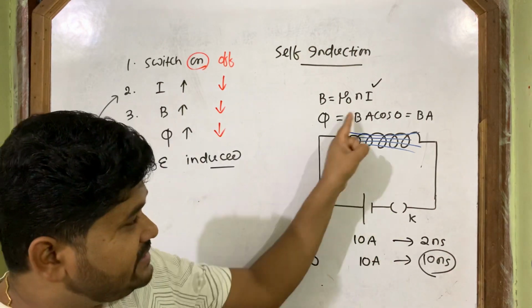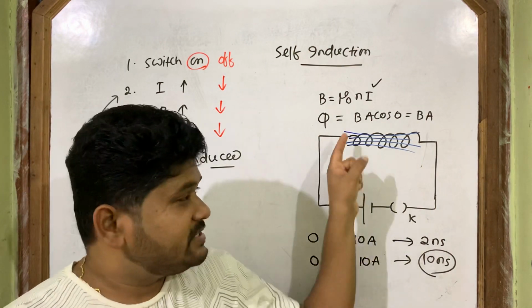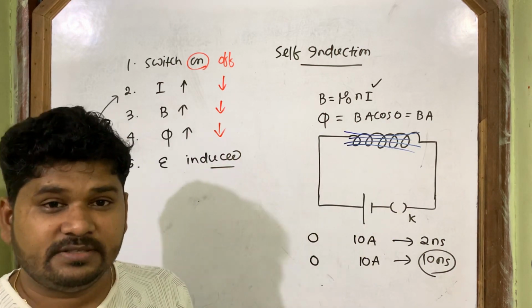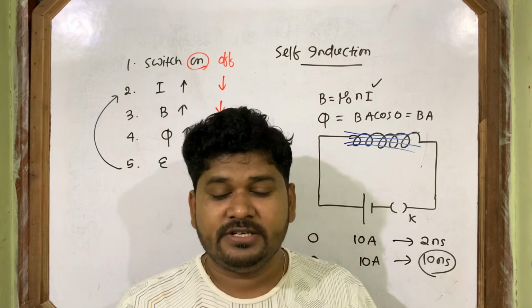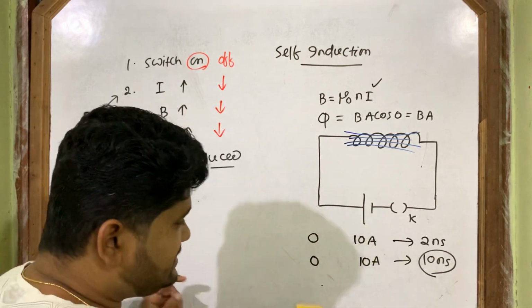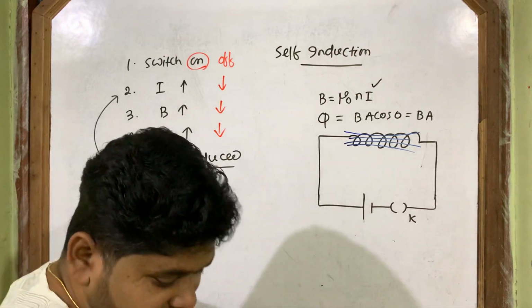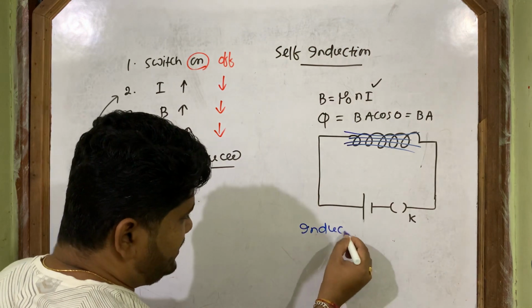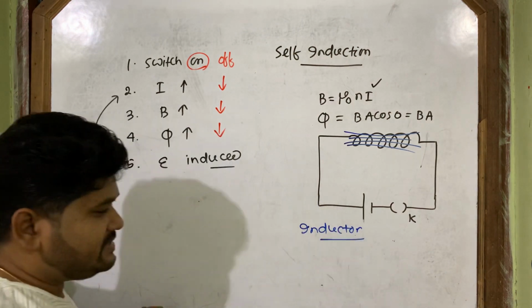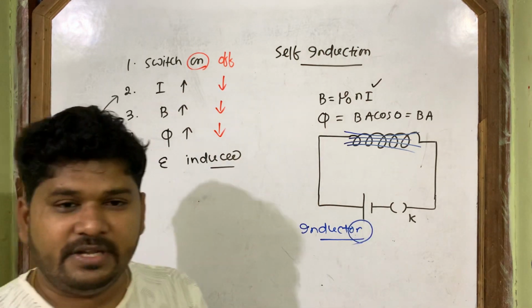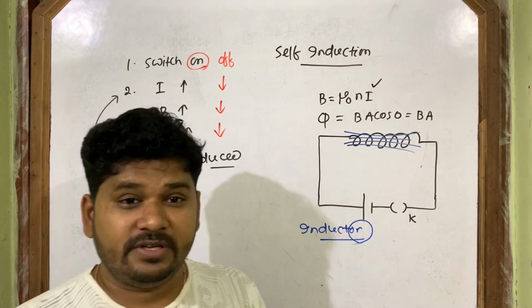Self-induction is the property of a coil. This device, the coil, which opposes the increase and decrease of the current, is called an inductor. Have you heard the name of any device ending with -or?